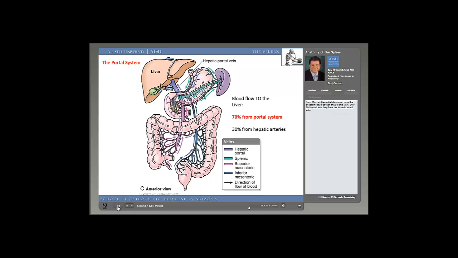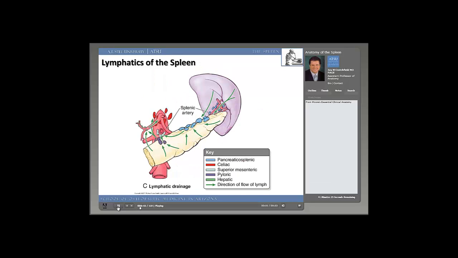Remember, blood flow to the liver is about 70% from the hepatic portal vein and about 30% from the hepatic artery.